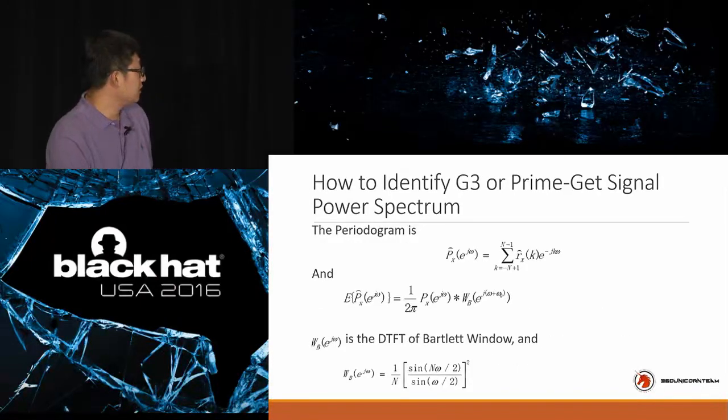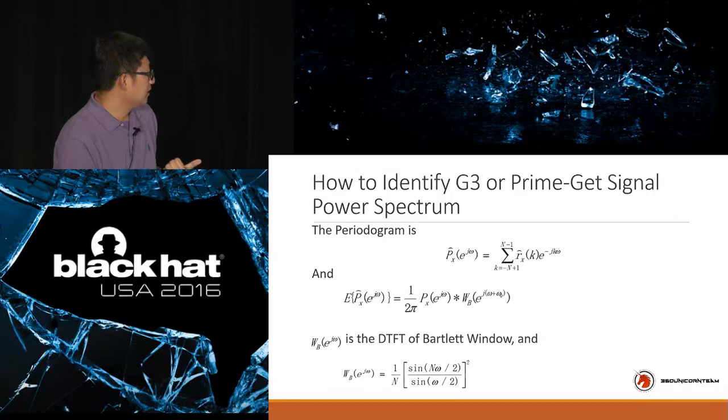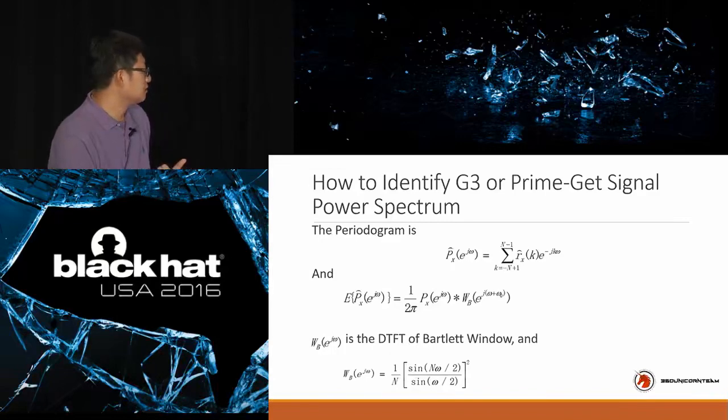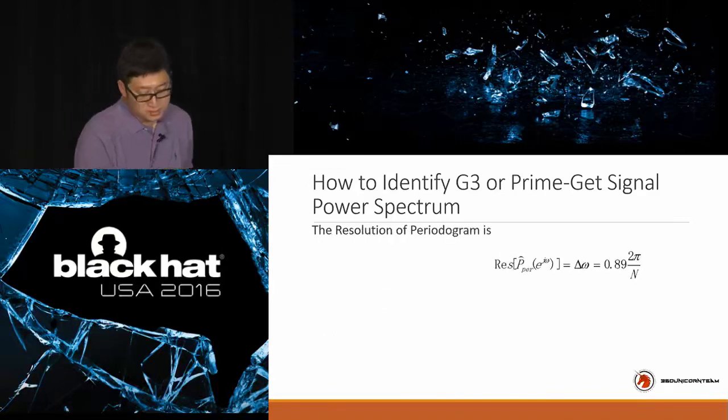And we can see the expectation of the bias estimation of the power spectrum is equal to the power spectrum modulated by WB divided by 2 pi, and WB is the DTFT of the Bartlett window.